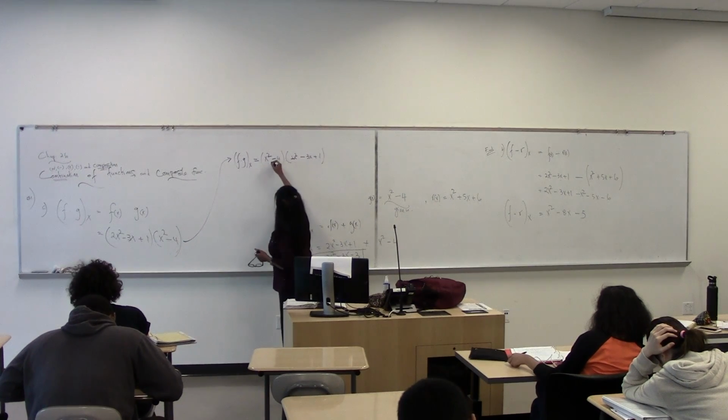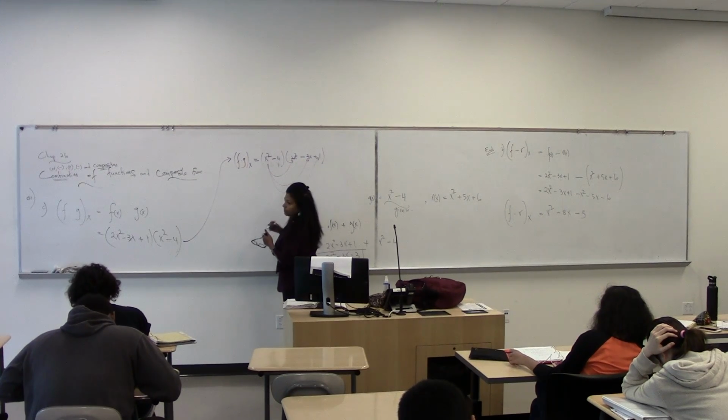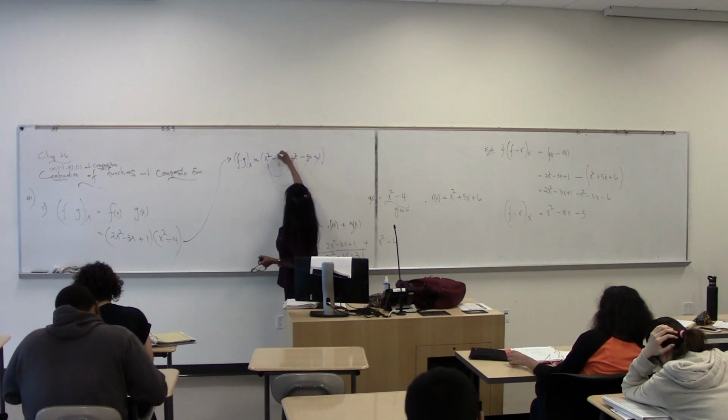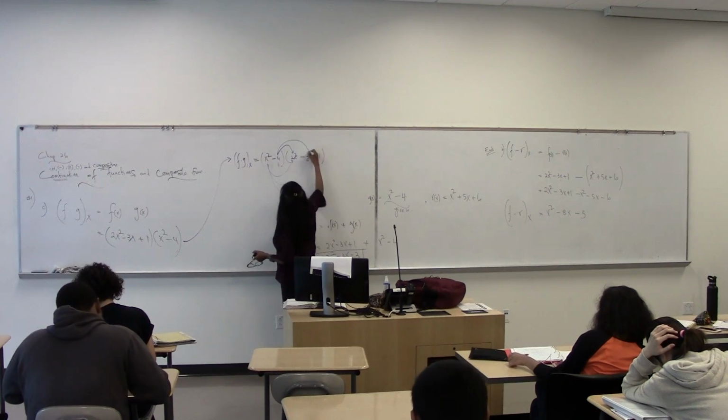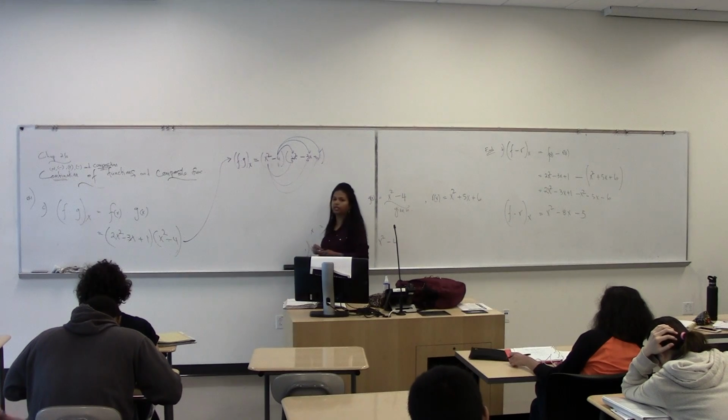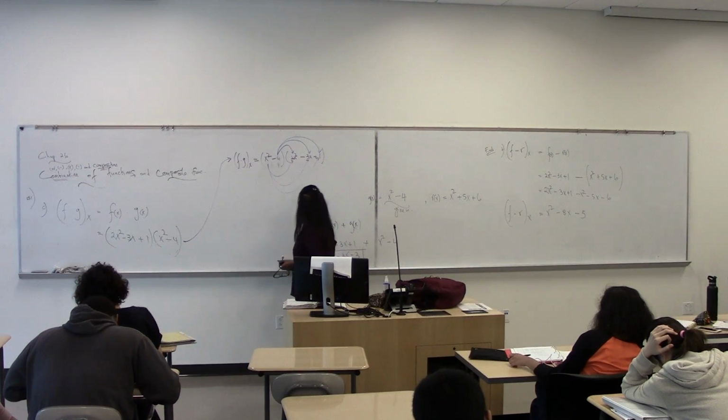So now I'm going to distribute: this times this, and then this, and this, and this. Six multiplications, and then combine like terms. So what do you get here?